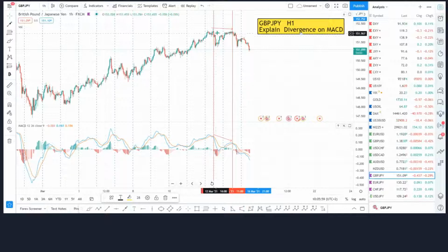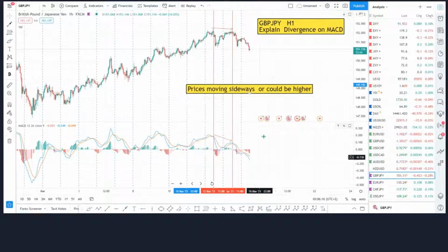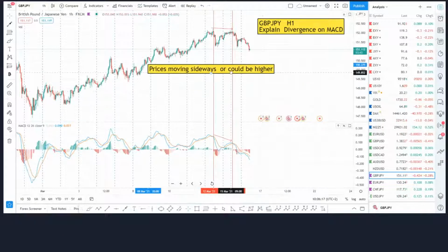So as the price is moving sideways, so right here I can type: prices moving sideways, or could be higher. Okay, could be higher. So right here, the price is moving sideways, or could be higher. What we're gonna see down the MACD.